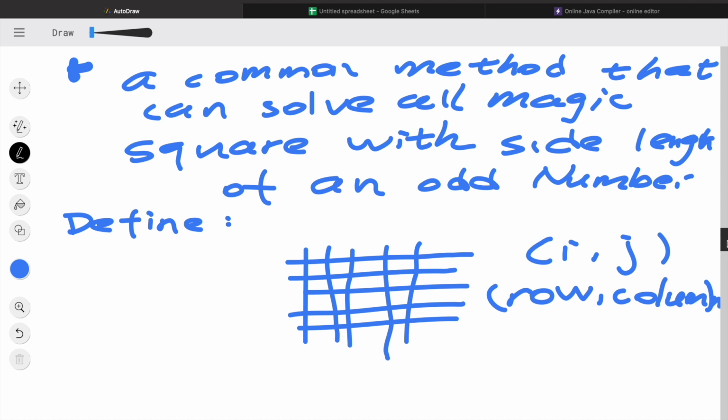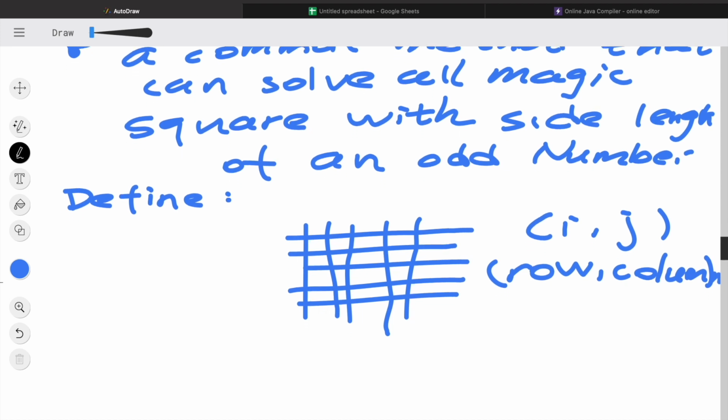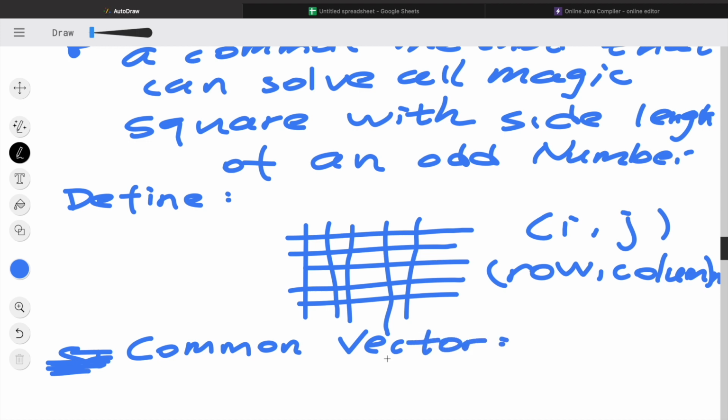We are then going to define two vectors. Vector 1 is the common vector, which is -1, 1.